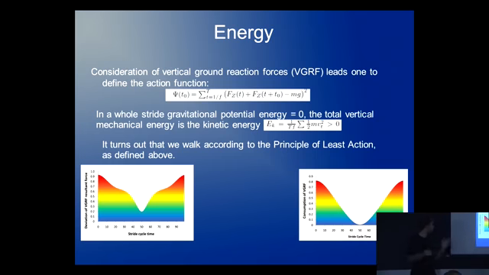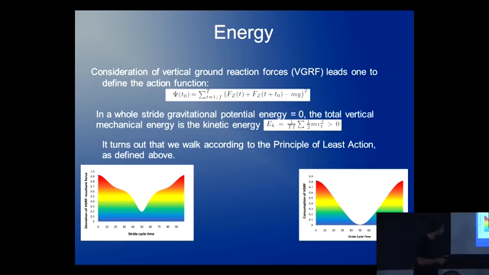So if the whole stride cycle is just two steps, it seems that the deviation of the reaction forces is the smallest at half of the stride time. Once we look at the change in kinetic energy and potential energy, the gravitational potential energy doesn't change over a whole cycle because we go up and down. So the only thing is the kinetic energy.